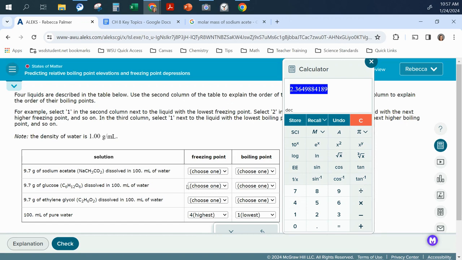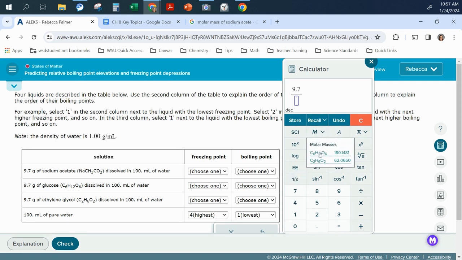The next one we're going to do the same thing, but I already have the molar mass in my calculator, and I already have the kilograms of solution. So 9.7 divided by this number.